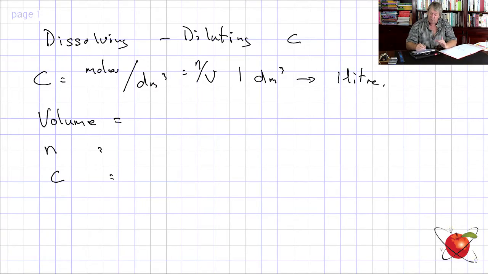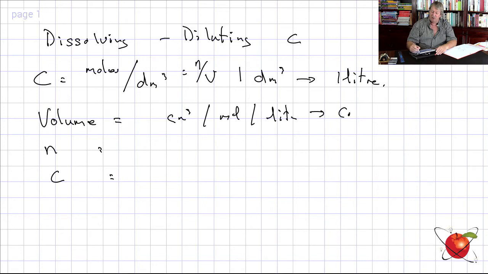The volume generally might be given in centimeters cubed. It could be given in milliliters, it could be given in a various number of forms, liters. The first thing we do is we convert to decimeters cubed. That's step one always. Unless it's given in decimeters cubed, we convert to decimeters cubed.